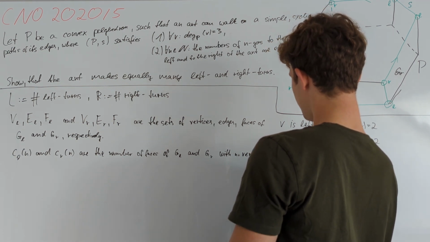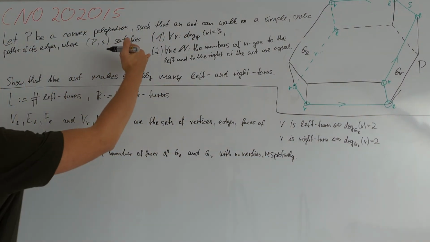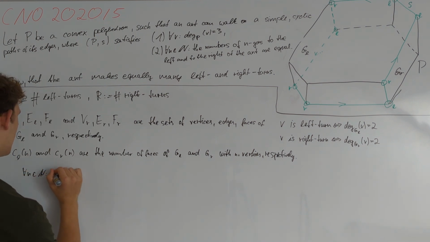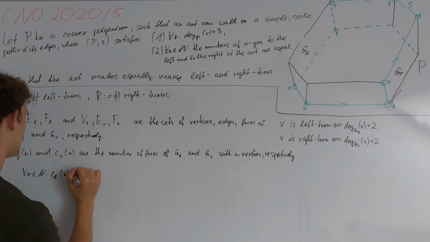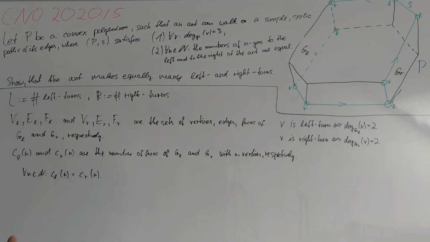These are very nice functions because 2 tells us that for all n in N, CL of n equals CR of n. And this is exactly what I said. We can deduce lots of information about edges, vertices, and faces from that and prove that in the next step.